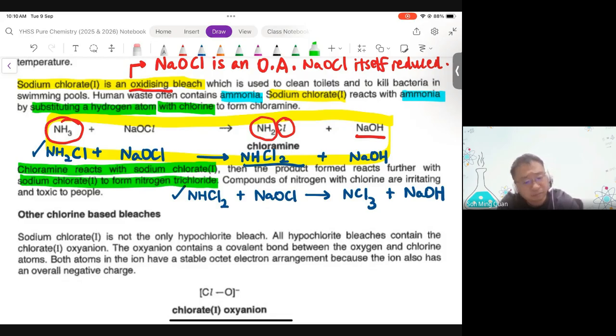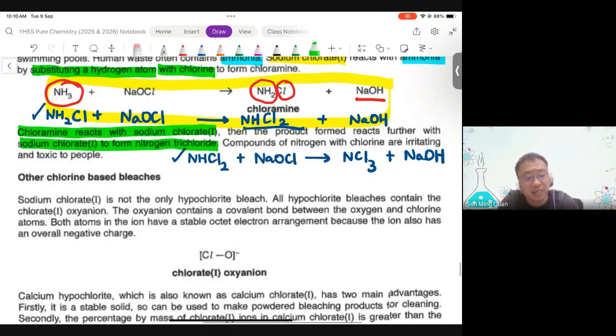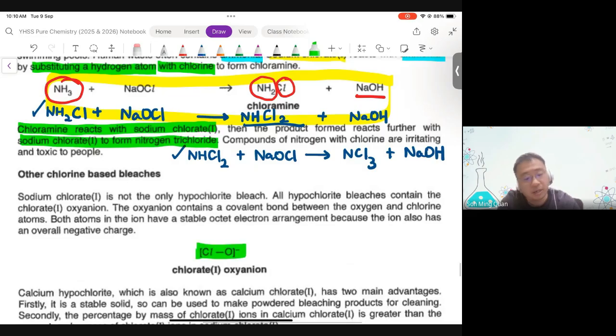Now, next one is about other chlorine-based bleaches. Chlorine-based bleaches are all using hypochlorite. Hypochlorite is the ClO minus. Okay, so how then do you draw the dot and cross diagram for this ClO minus? This one is one of the questions as well, right?